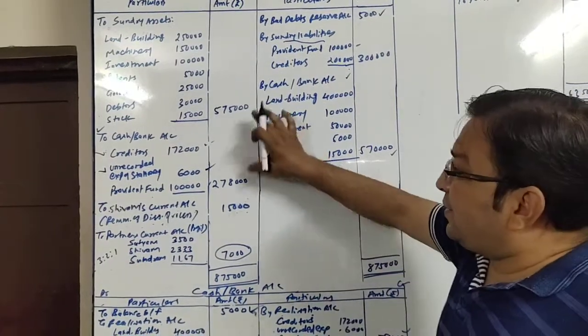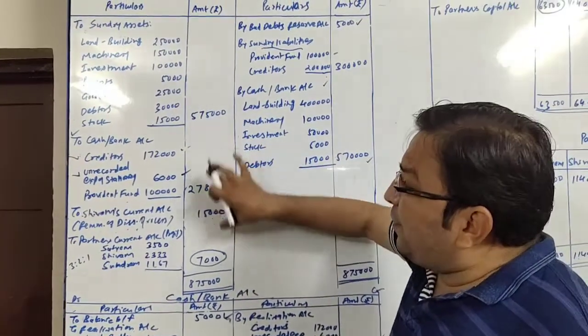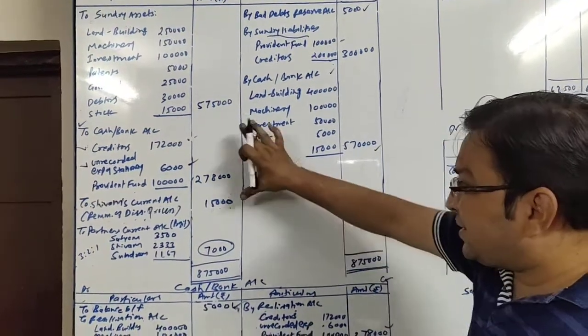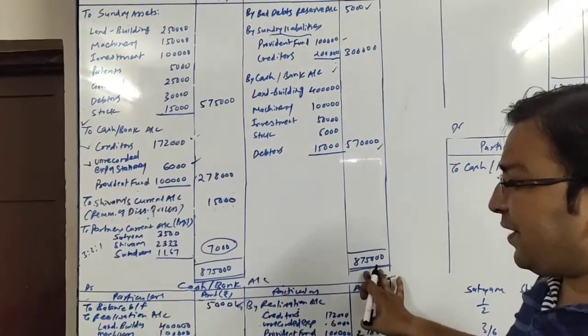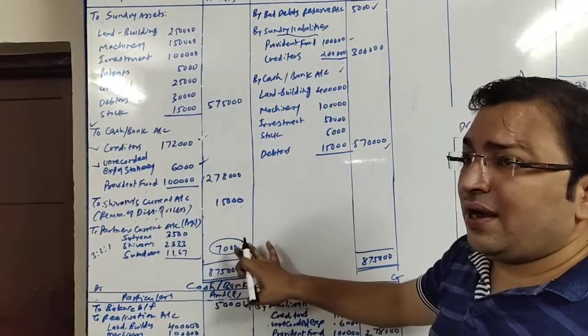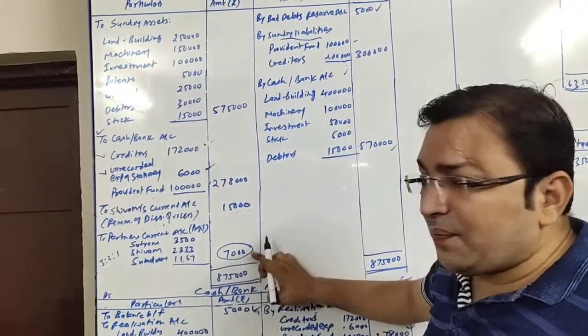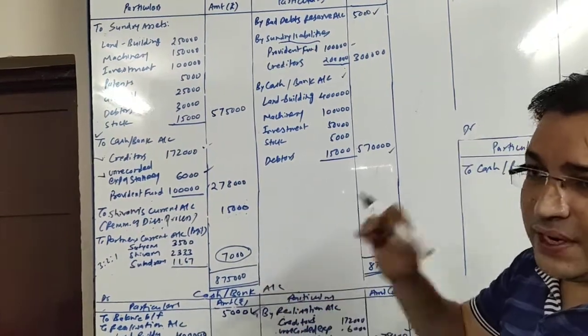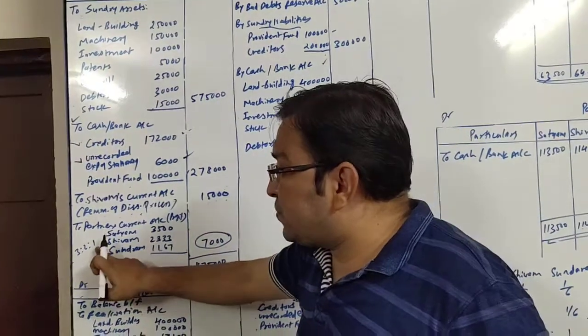And debit side there are 3 items again, but the total is 8,68,000. So when I deduct 8,68,000 from 8,75,000, I get 7,000 as a difference, which is the profit on realization, which will be distributed among the partners in their profit and loss sharing ratio, which is 3:2:1.